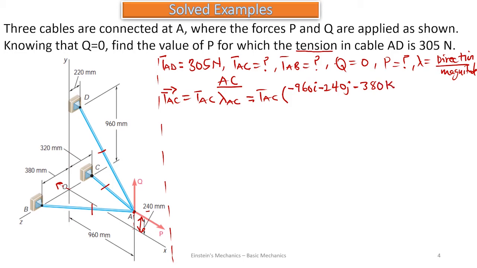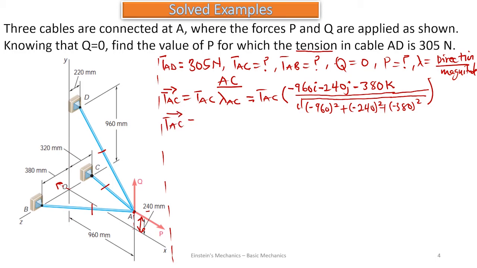380 k. Now everything is on the square root of negative 960 squared plus negative 240 squared plus negative 380 squared. So this covers everything here in the bracket. So this is for the lambda AC. Now we can reduce this: the tension in AC vector is going to be TAC multiplying, we can put everything under the square root here, and that is going to give us a simple value of 1040.